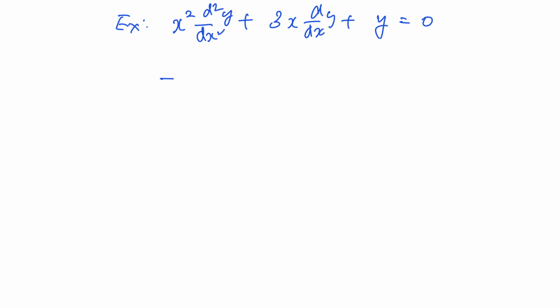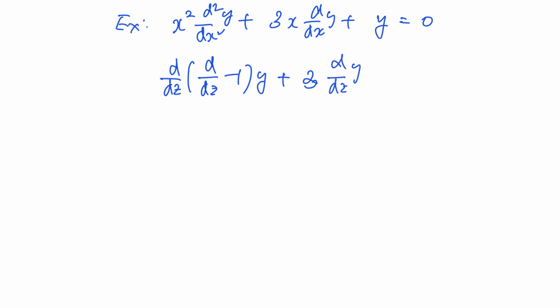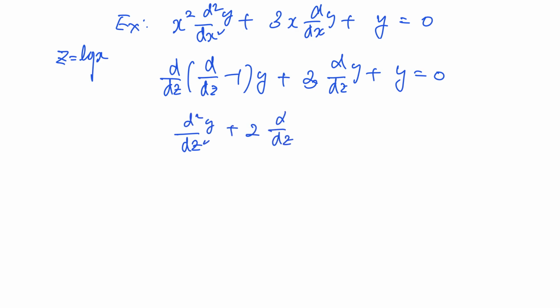So that means d/dz (d/dz minus 1) y plus 3 dy/dz plus y is equal to 0. So d squared y over dz squared plus 2 dy/dz plus y is equal to 0.